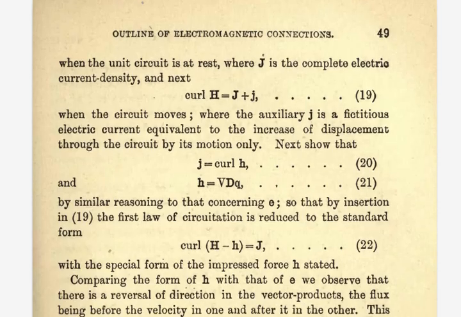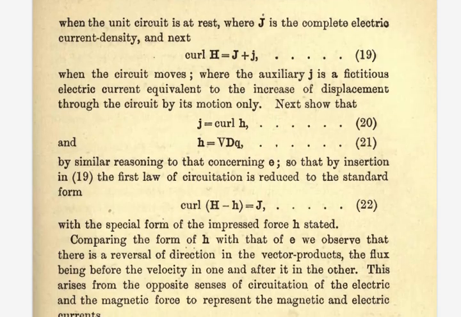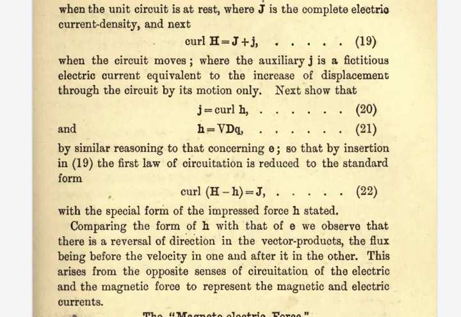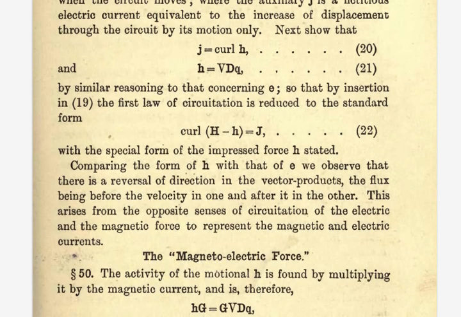Next show that small j equals curl small h, and small h equals the vector product dq, by similar reasoning to that concerning small e, so that by insertion in 19 the first law of circuitation is reduced to the standard form: curl (H minus small h) equals J, with the special form of the impressed force h stated.